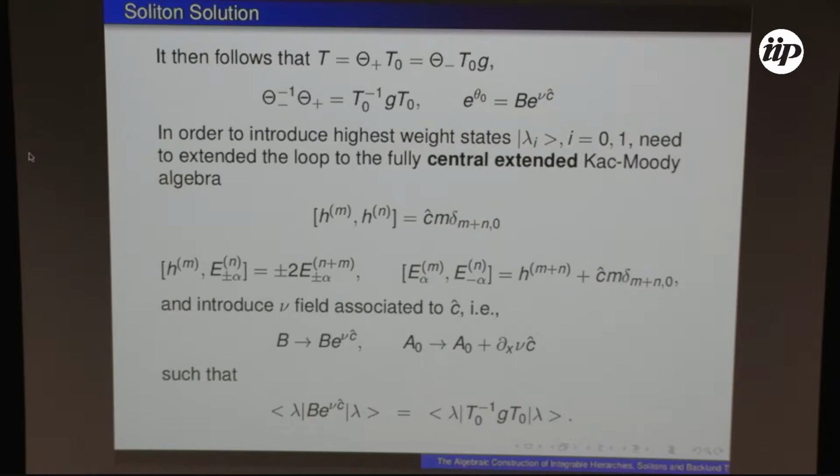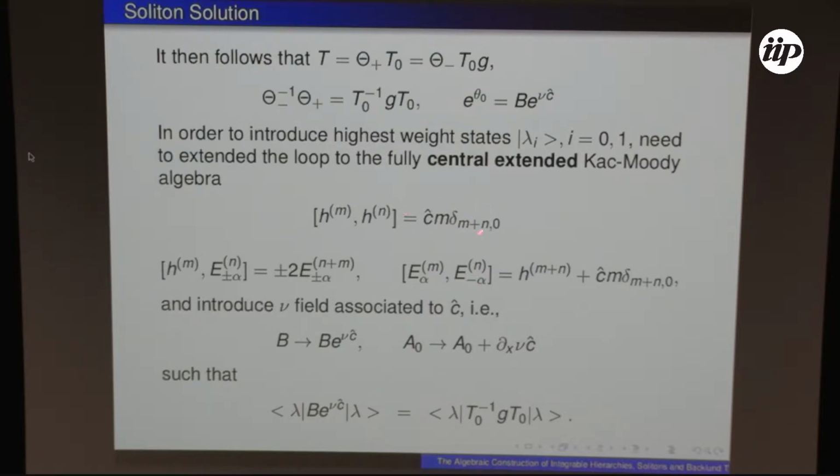So the idea is to find an algebra which possesses highest weight states. Therefore, I have to leave that simple realization of the affine algebra that I started with, just multiplying my SL2 generators by polynomials in lambda, and introduce a full extended Kac-Moody algebra.